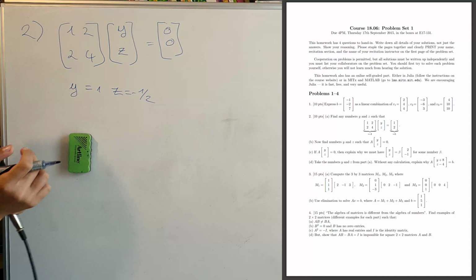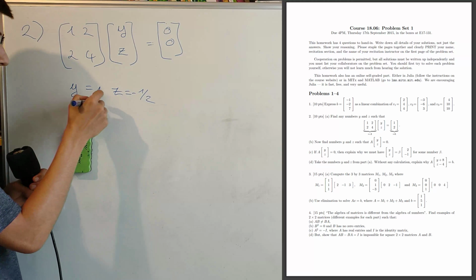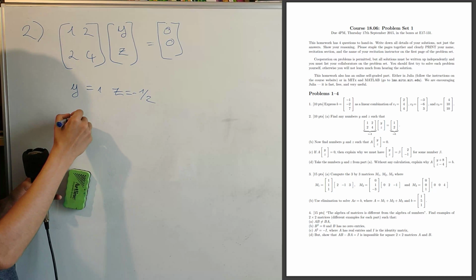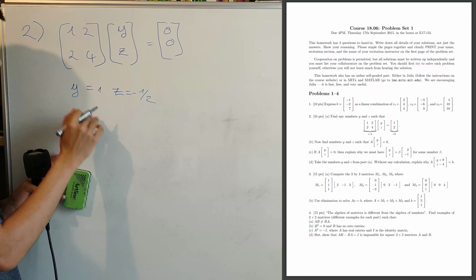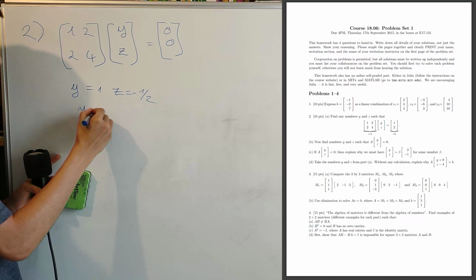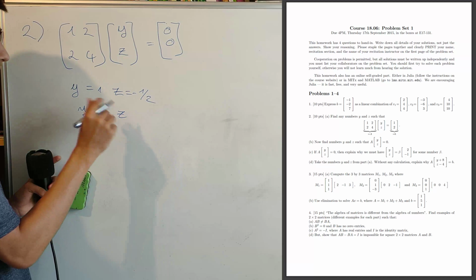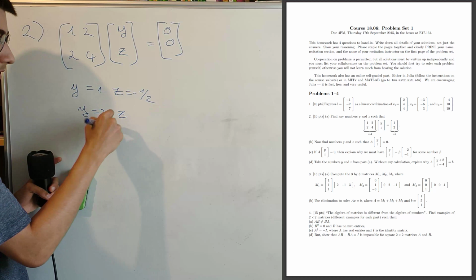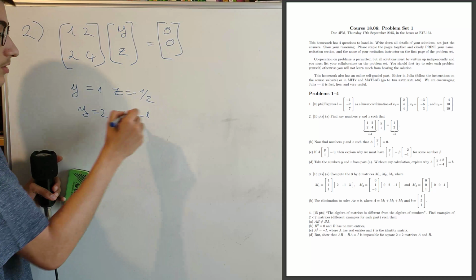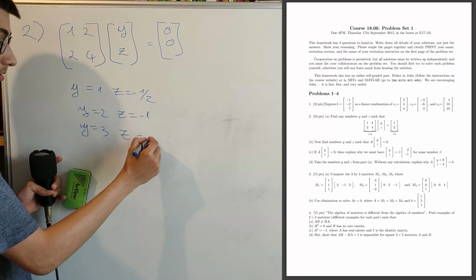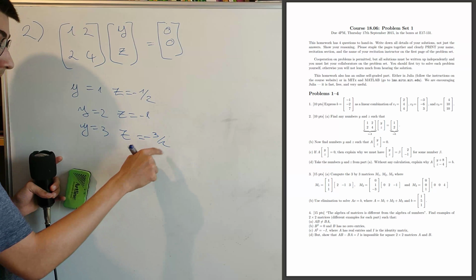So if we have times 3, so y times 3, actually let's do 2, so we can see the pattern here. Z equals minus 1. If y equals 3, z equals minus 3/2, and so on.